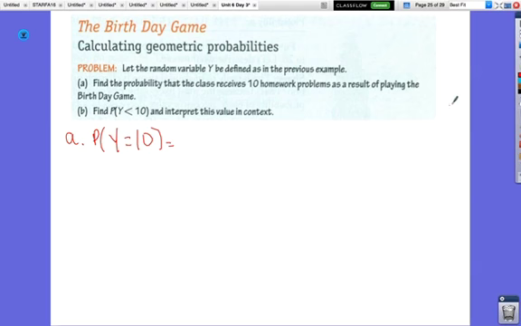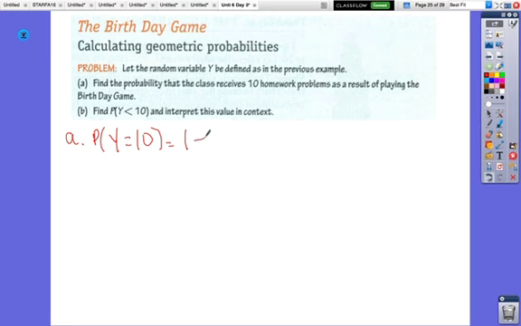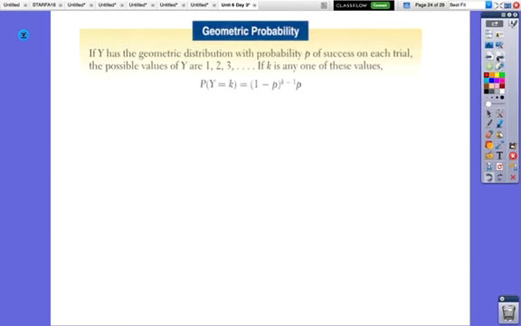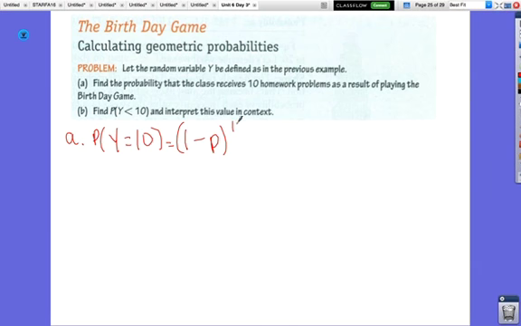So for A, you are basically trying to find the probability that y is equal to 10. If you're finding the probability y is equal to 10, you're going to have to use this formula here. And so you would be saying 1 minus the probability to the k minus 1 times p. And p, of course, is our chance at success, which is 1/7, and our k is going to be equal to 10.